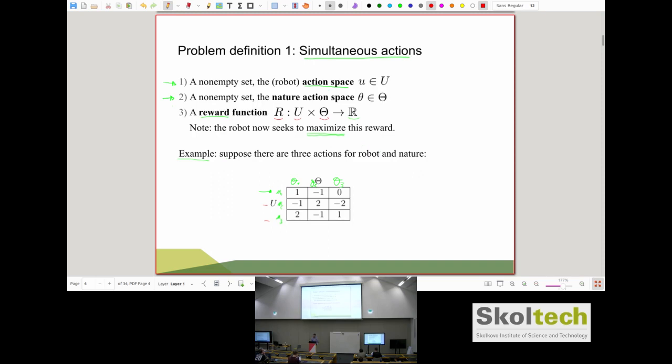And what I'm saying is that nature wants to maximize our reward as well. And the question is, there's no right answer, right? So usually it's going to be a little bit different, and I'm going to explain later the variants. But what we want is to get the maximum number that we have in this table, if you want.